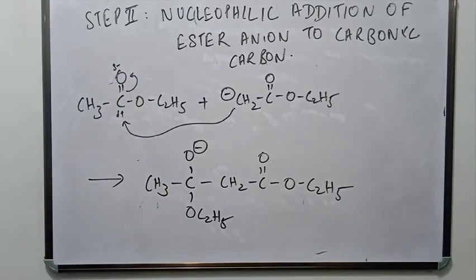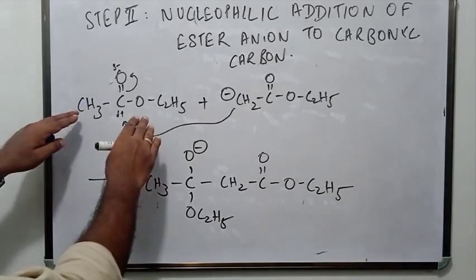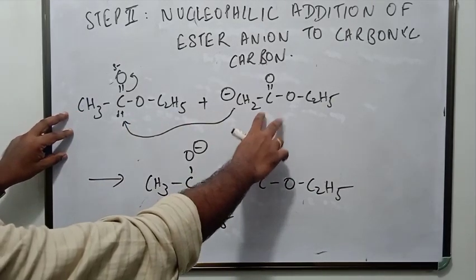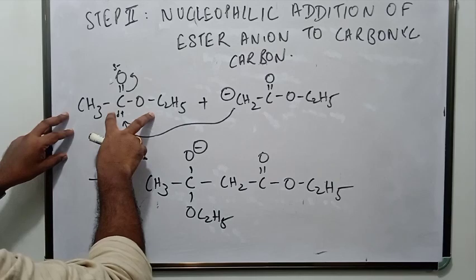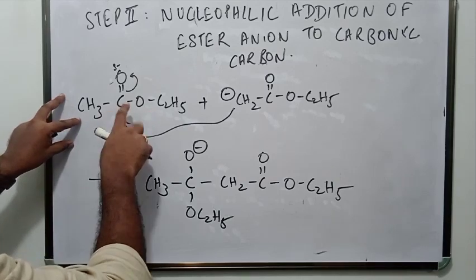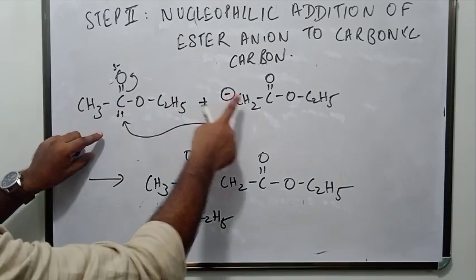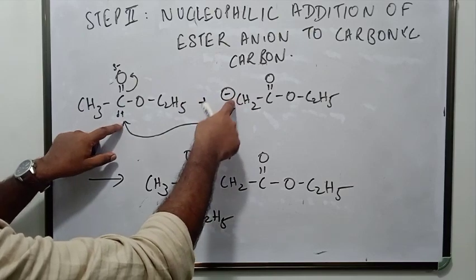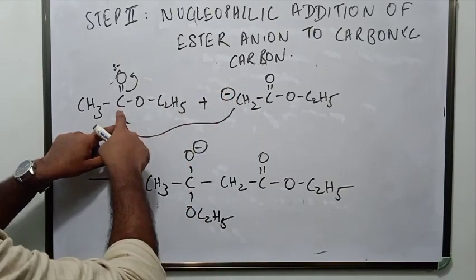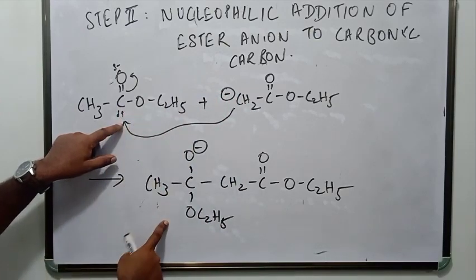Here the product of the first step, that is ester anion, attacks the second molecule of ester at the carbonyl carbon. This is a nucleophile. Being a nucleophile, it attacks the positive carbon center and forms this.